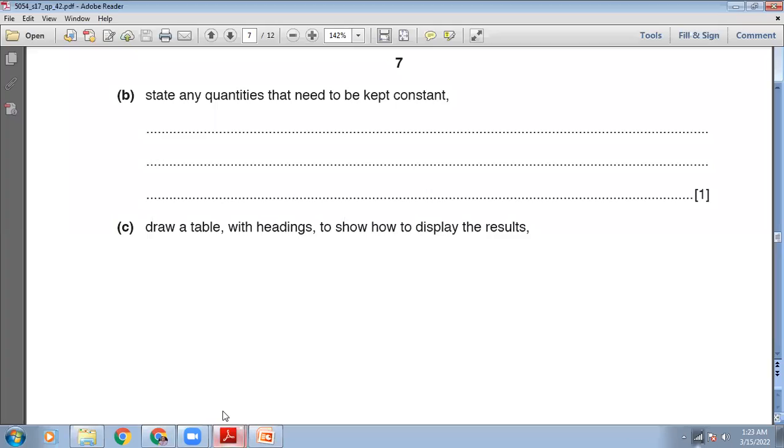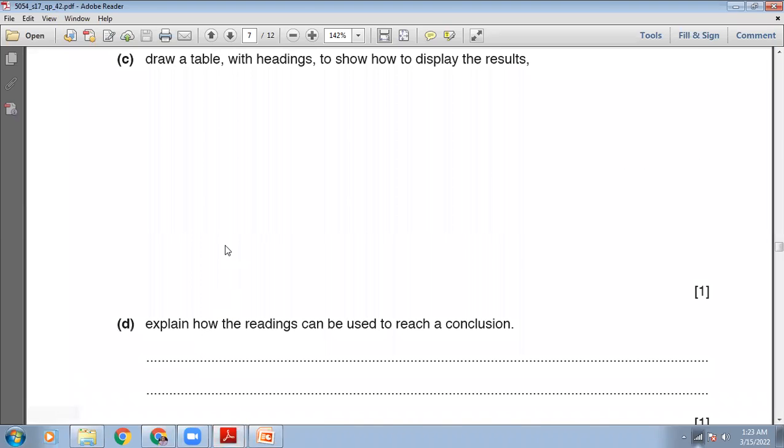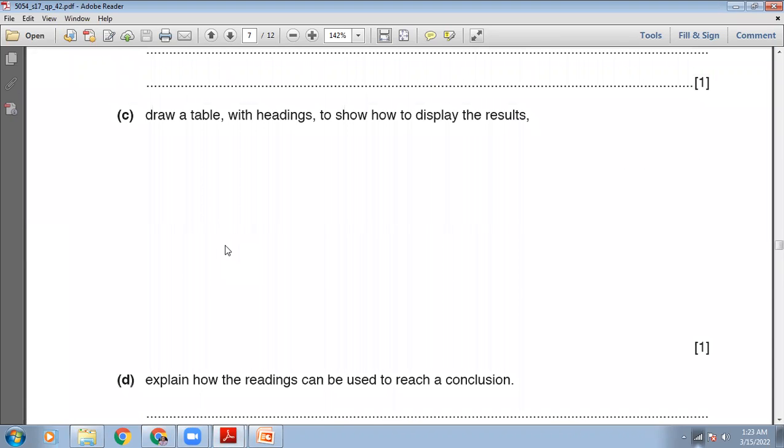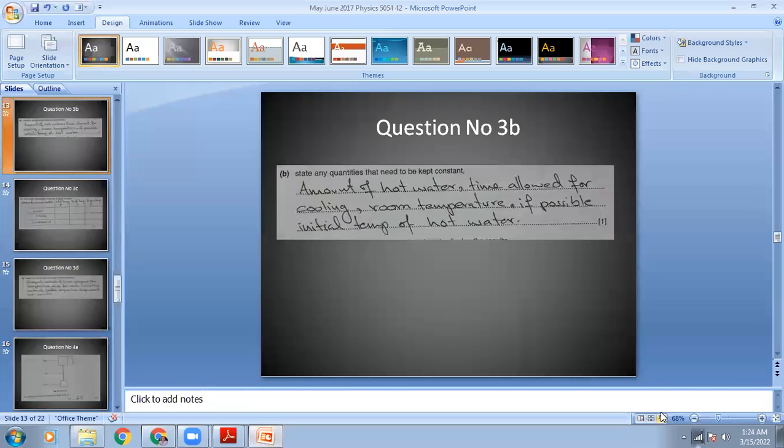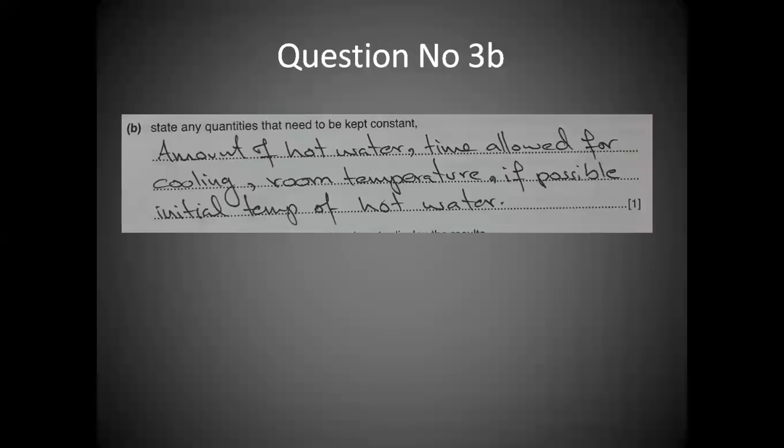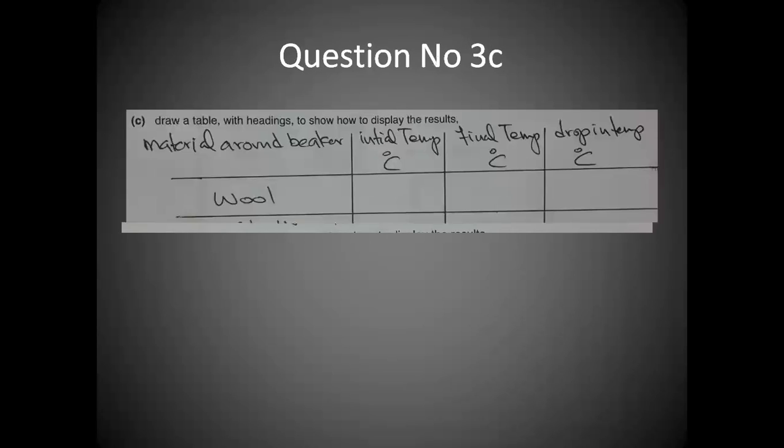Okay, so let's move to the next part. It says draw a table with the headings to show how to display the results. For example, we can have material, initial temperature, final temperature, and change in temperature. And this is for after we give 10 minutes of cooling.